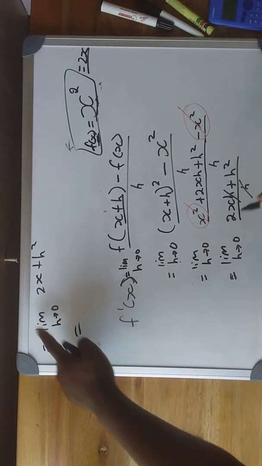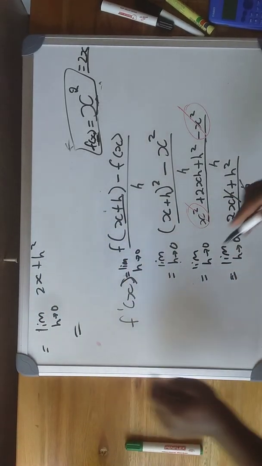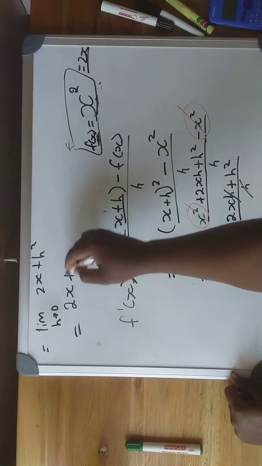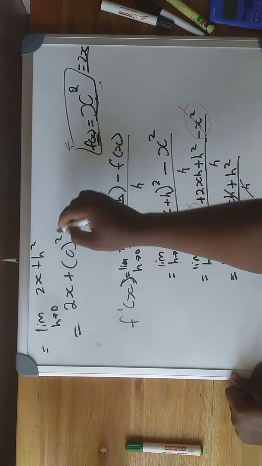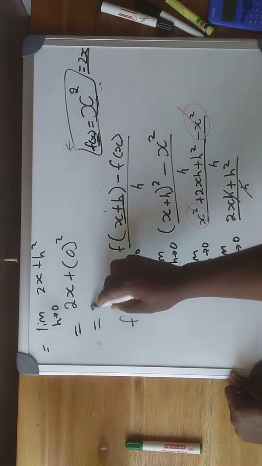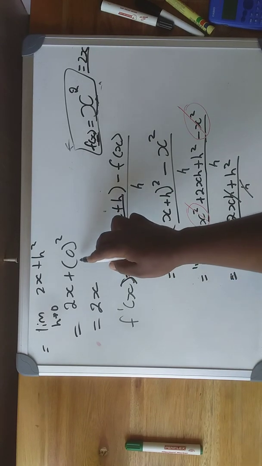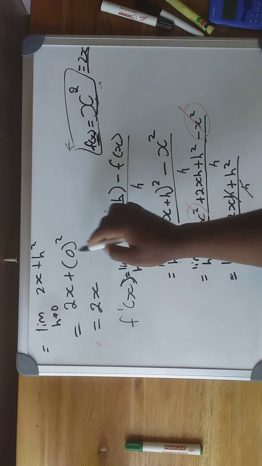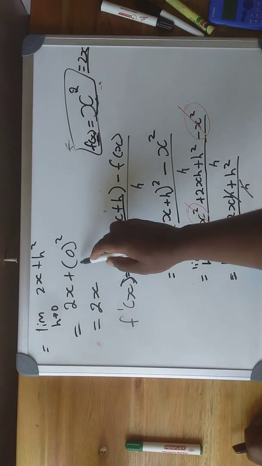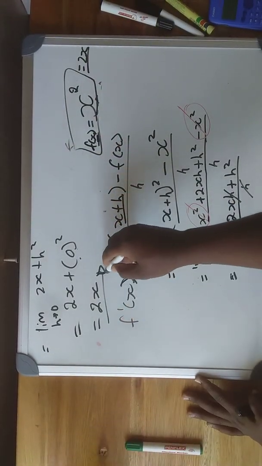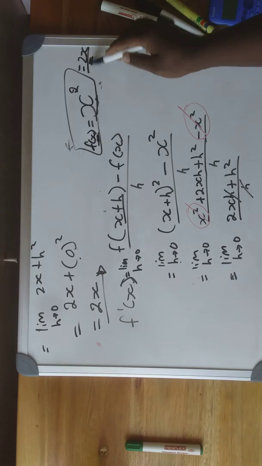Now we are no longer writing this, we're just replacing h in 2x plus h, we put 0, which will be 2x, because now we can see that we have 0, which will just be 0, and then we are left with 2x, which is this 2x over there.